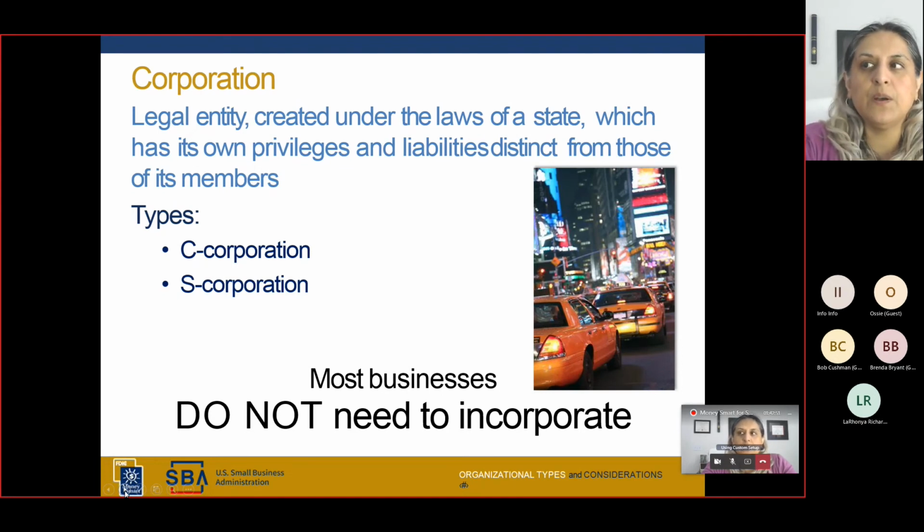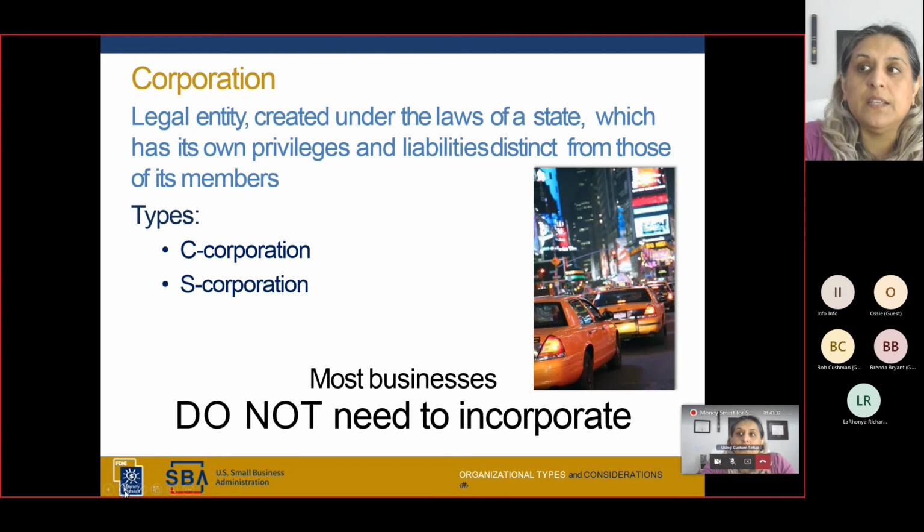In other words, if a company with limited liability is sued, then the plaintiffs are suing the company, not the owners or investors.